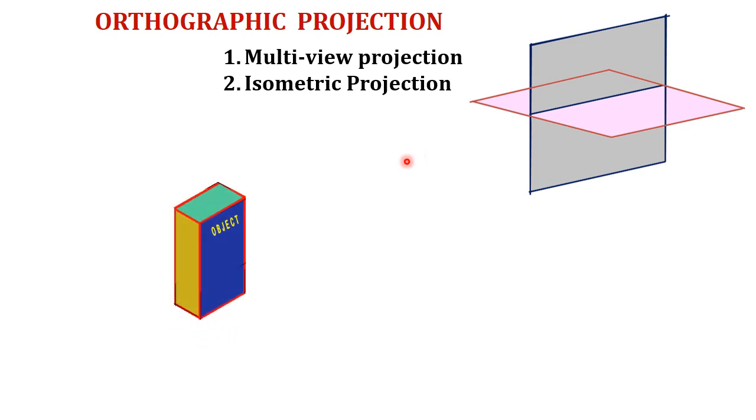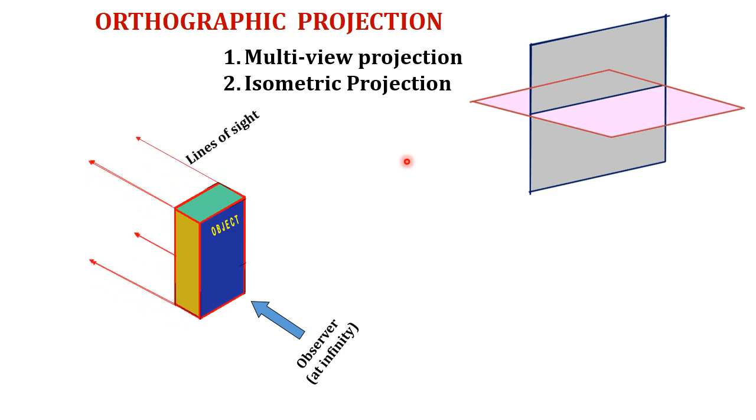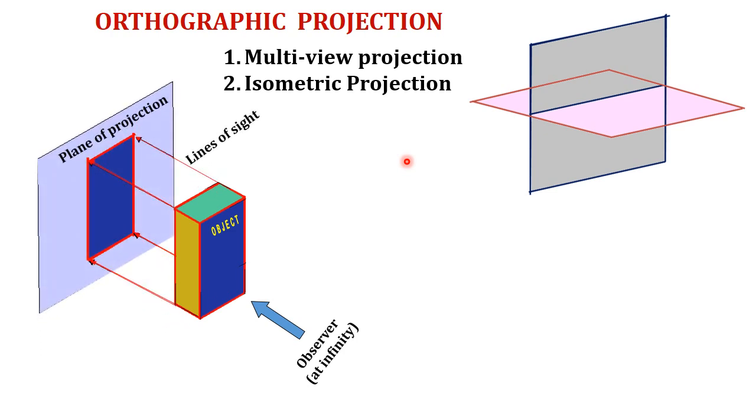So here we have an object. The important thing is the observer is placed or standing at infinite distance from the object. And we have a plane of projection, and if we draw the projectors through the corners of the object, we will get the object on the projection plane.